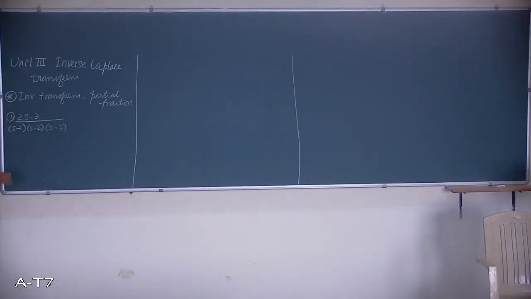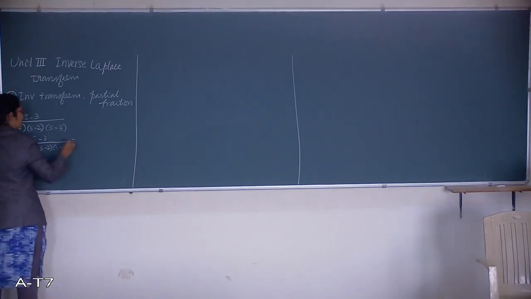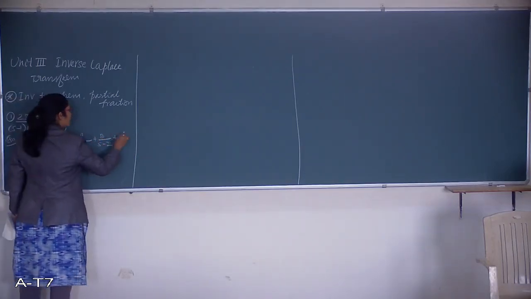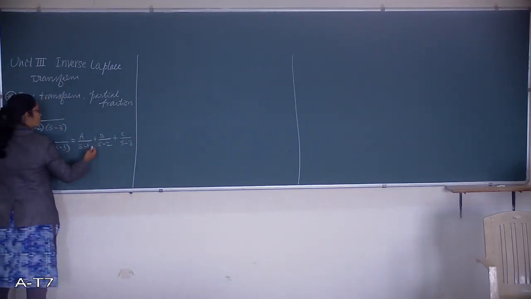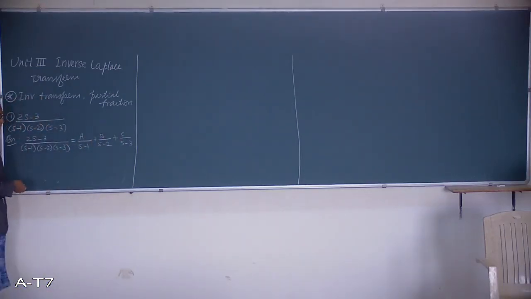Just now we discussed the nature of the denominator and the appropriate formula to be used for splitting. So I will write this as A upon s minus 1, plus B upon s minus 2, plus C upon s minus 3. Now we have to assign different values for s so that we get values for the constants A, B and C.